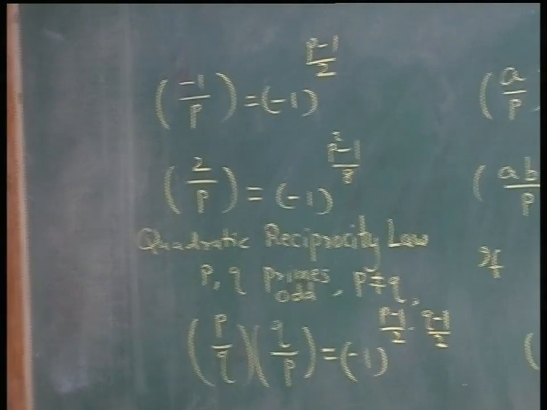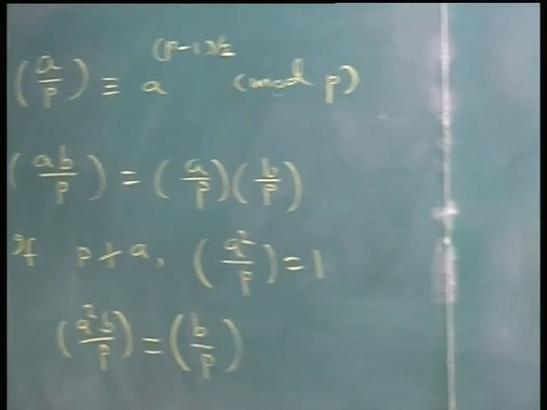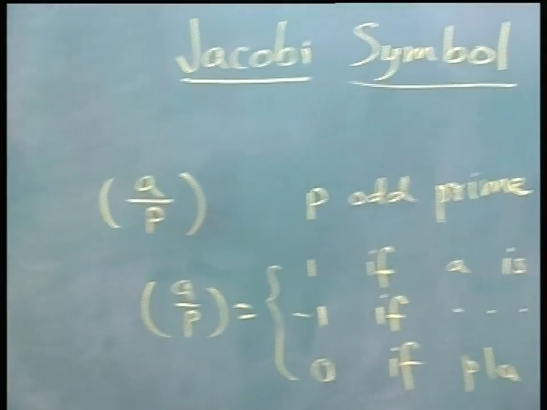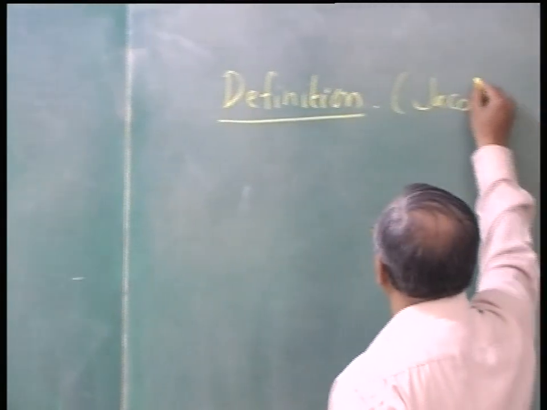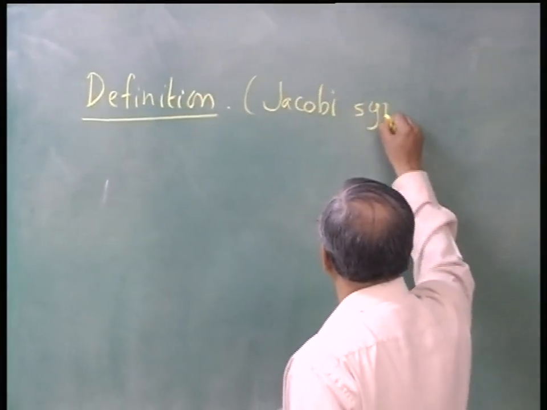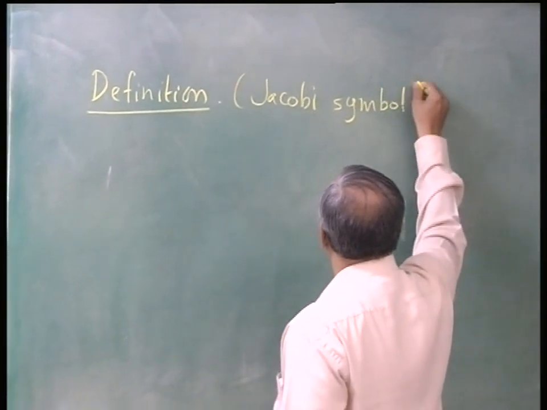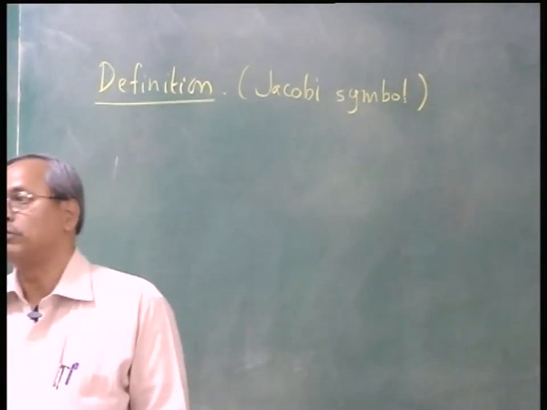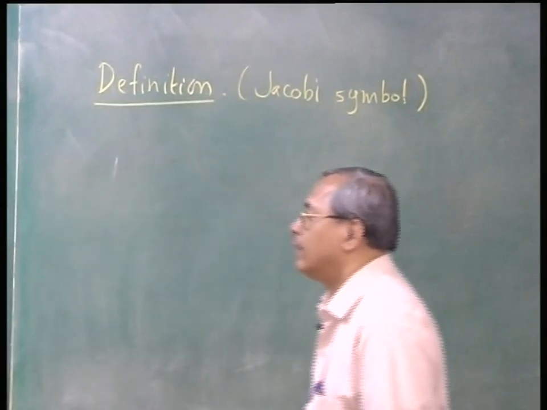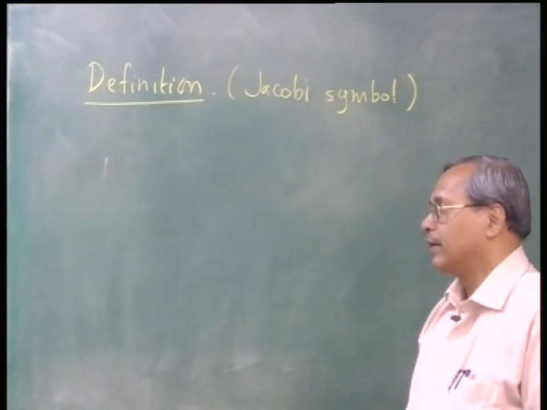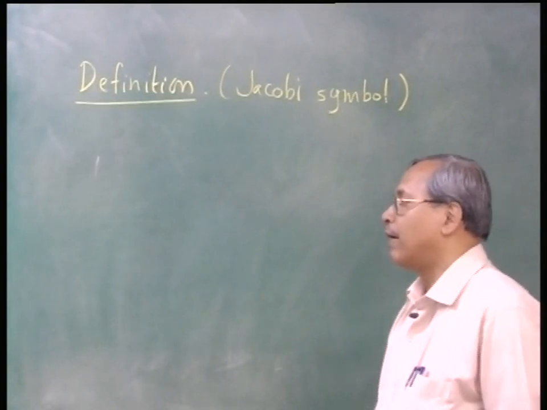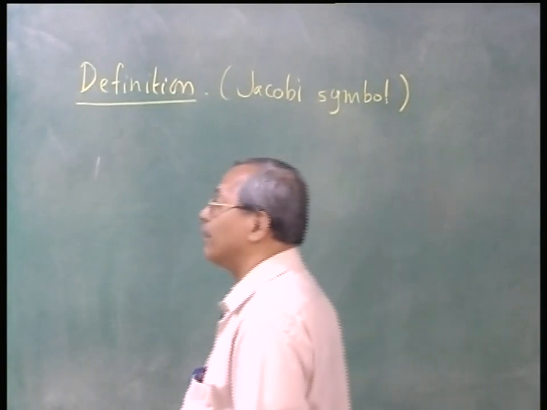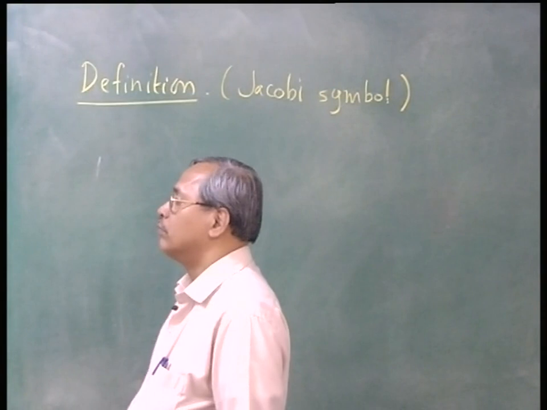The definition of the Jacobi symbol is like this. We define the Jacobi symbol in terms of the Legendre symbol, and Jacobi symbol is defined when we have an odd number Q bigger than 1.